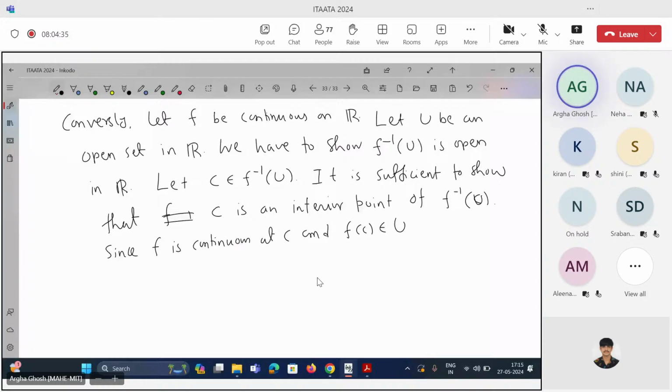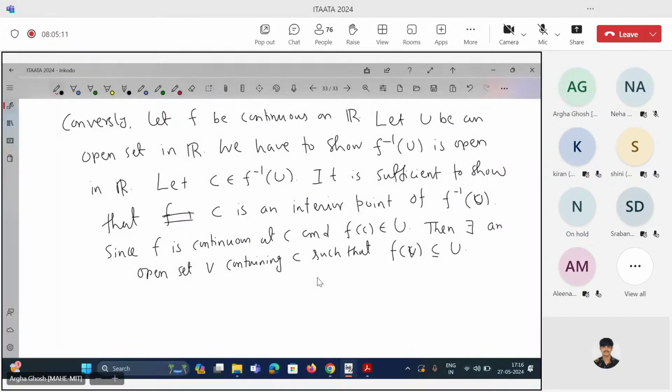So then there exists an open set V containing c such that F(V) is a subset of U. That's the definition of continuity. Or you can use the fact that there will exist a delta greater than 0 such that (f(c) - delta, f(c) + delta) is a subset of U, whatever fact you use.